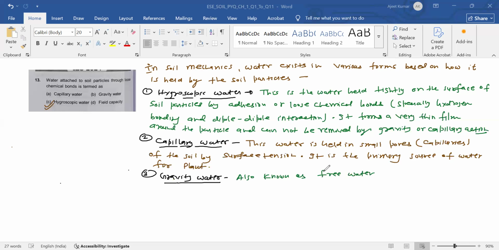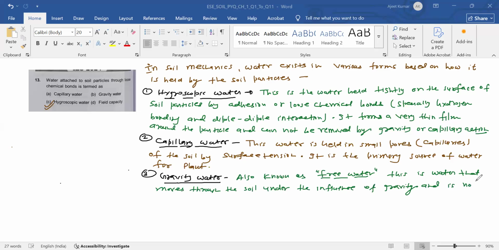This is water that moves through the soil under the influence of gravity, and is not held by the soil particles.